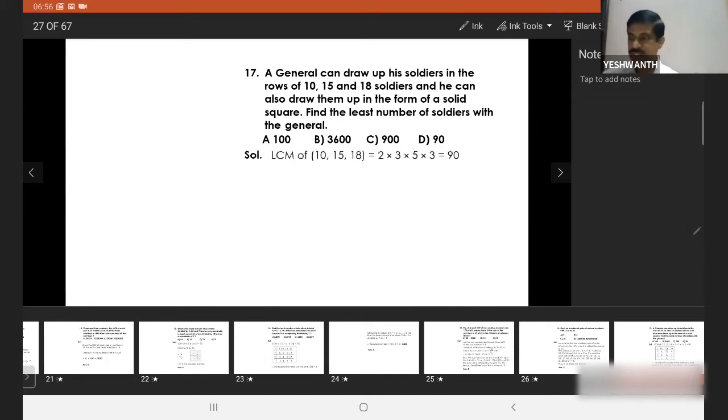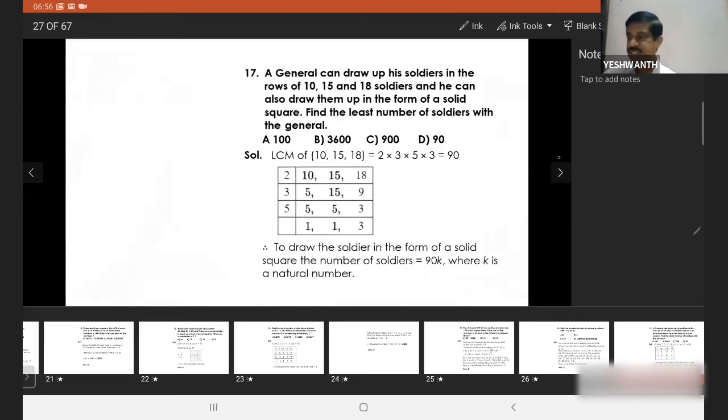First of all, if we take the LCM of 10, 15, 18, you will get the multiples of some number which the soldiers are there with the general. So if you take the LCM of 10, 15, 18, you are getting it as 90. The number of soldiers with him should be multiples of 90. So the least number of soldiers he can have is 90.